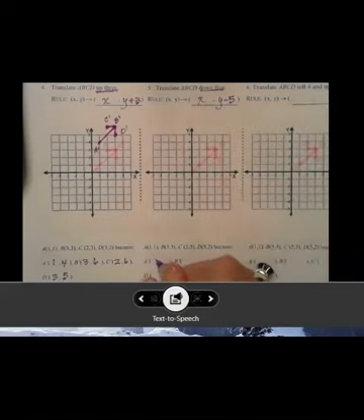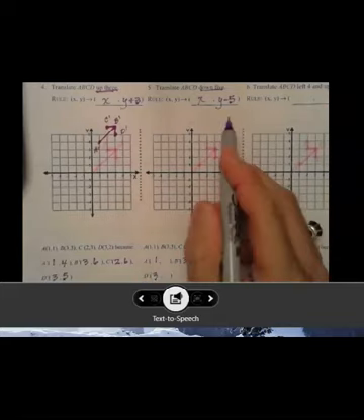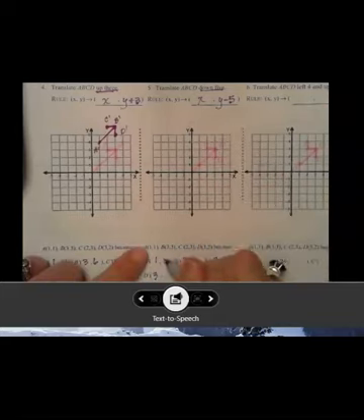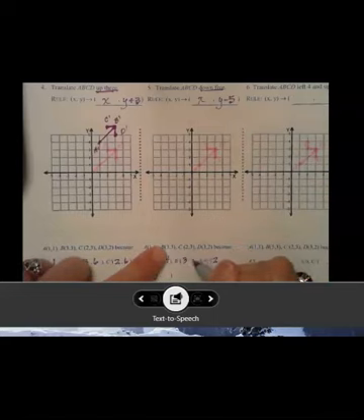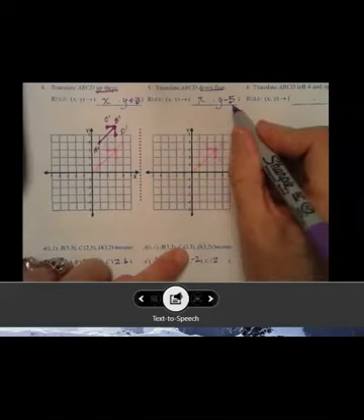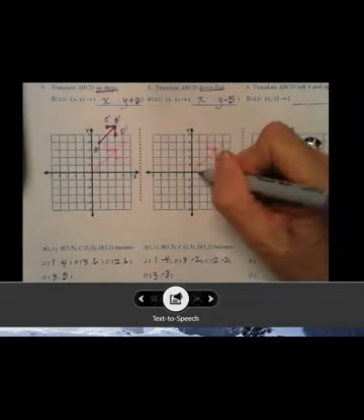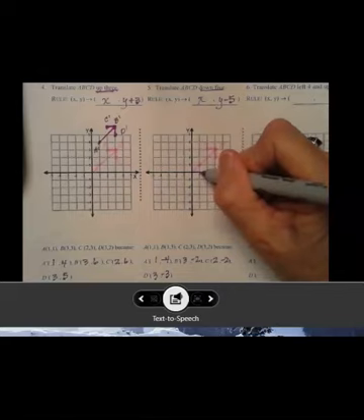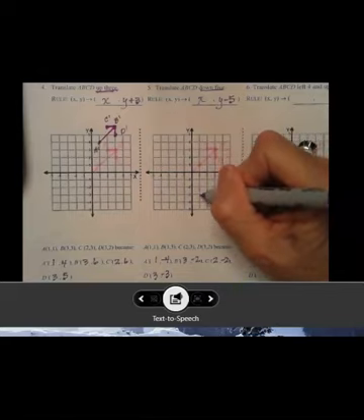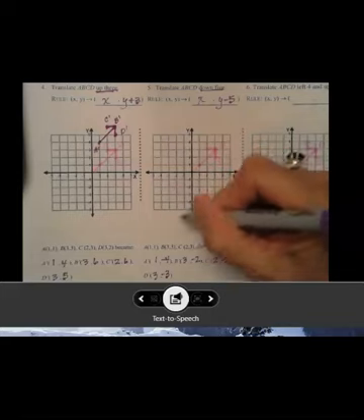Come in here and copy all your x's again, and subtract 5 from each y value. 1 minus 5 is negative 4. 3 minus 5 is negative 2. 3 minus 5, negative 2, and 2 minus 5, negative 3. Run 1, rise negative 4. That's 1, 2, 3, 4.